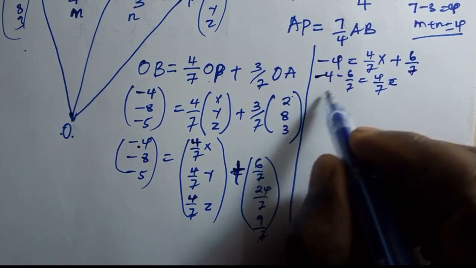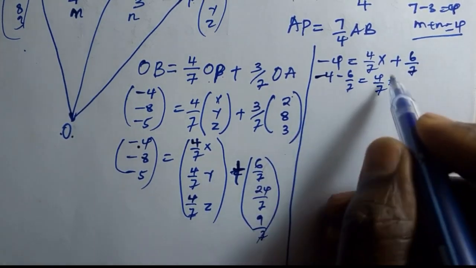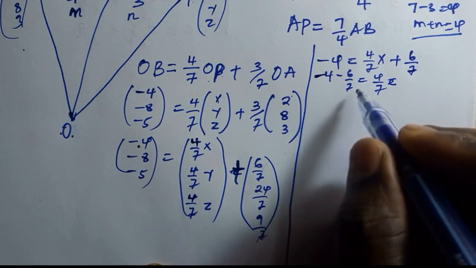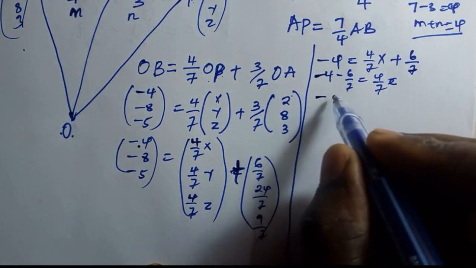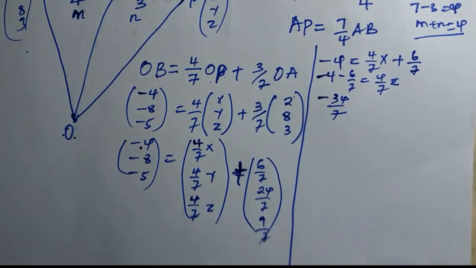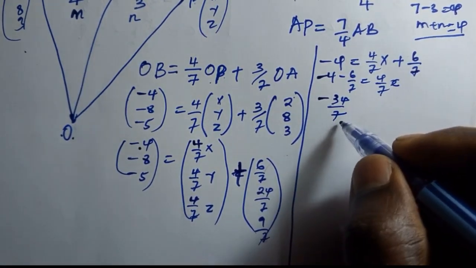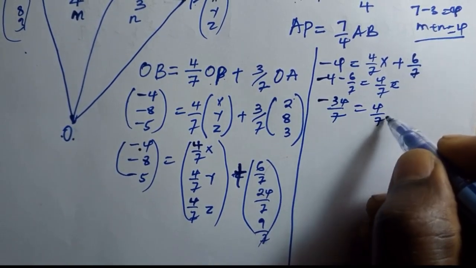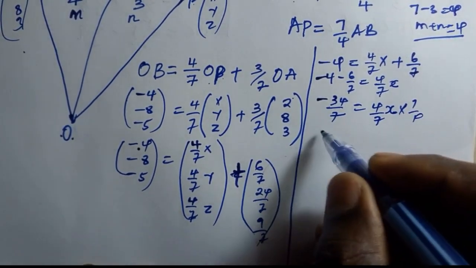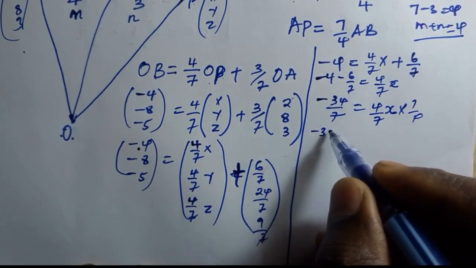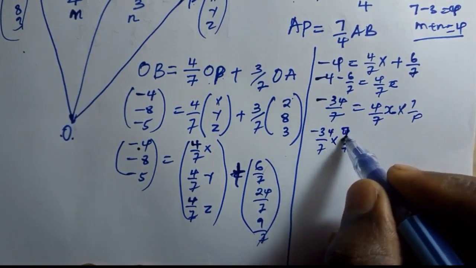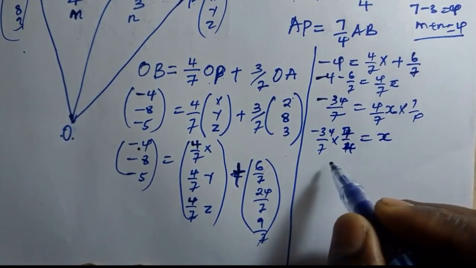Ukitumia calculator hapa itakupea minus 34 over 7, which is equal to 4 over 7x. We want x, so you multiply both sides by the reciprocal, 7 over 4. So negative 34 over 7 times 7 over 4. That is the value of x.